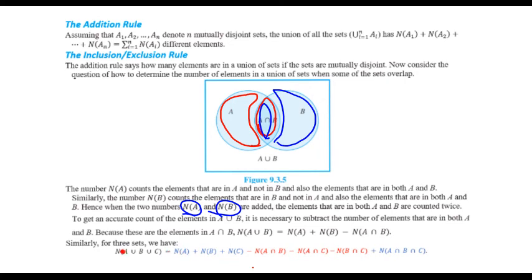We can say n of A union B union C is equal to n of A plus n of B plus n of C minus n of the intersection of A and B minus n of the intersection of A and C minus n of the intersection of B and C plus the cardinality of the intersection of A, B, and C. I'm not going through the details of this equation, but you can look into the book to get more details about the last equation that we presented here.